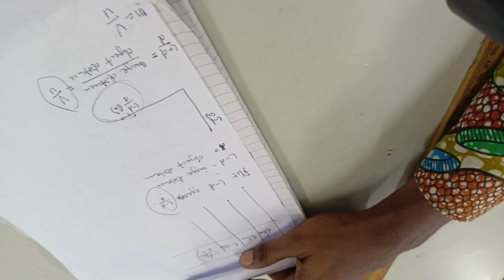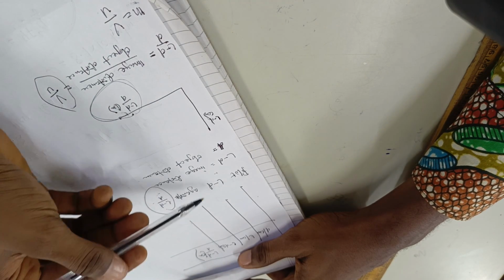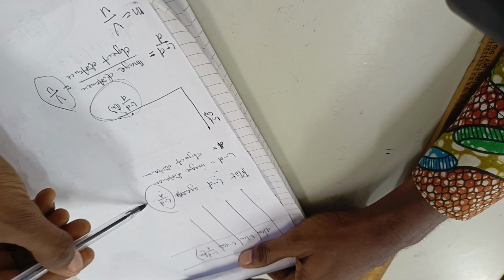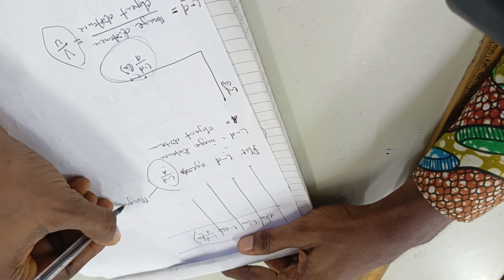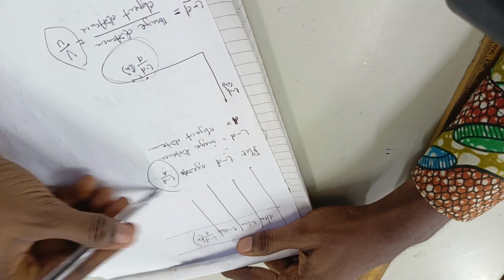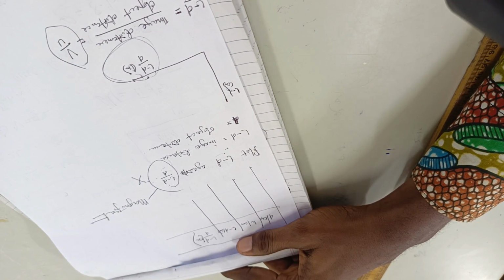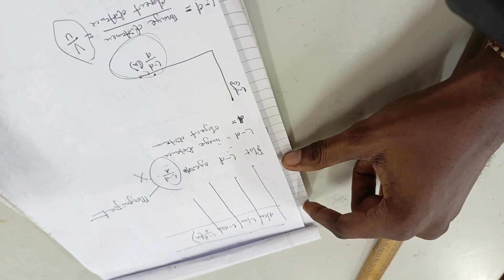So we'll be plotting a graph of the image distance, right, against the magnification. So this is the same as the magnification, right? Okay, so we are plotting the image distance against the magnification.